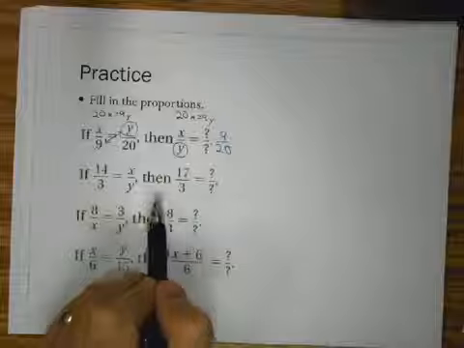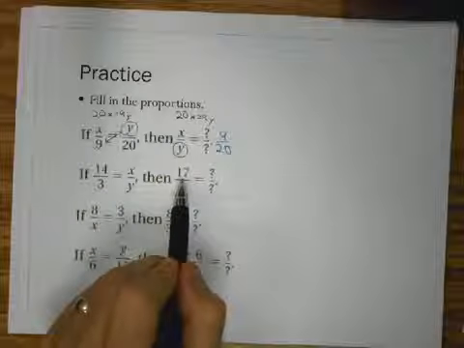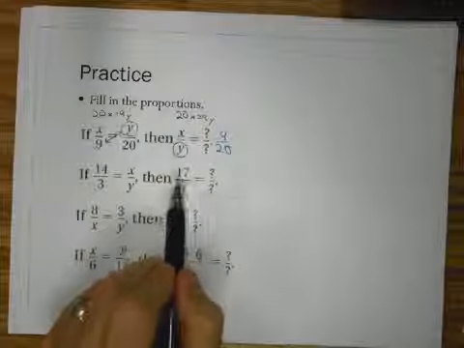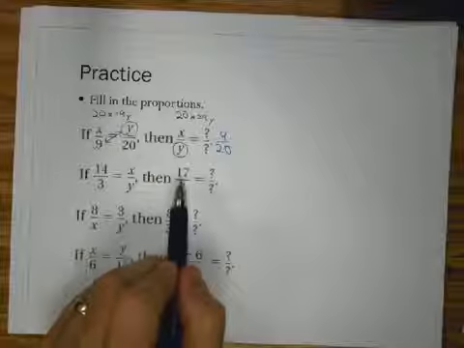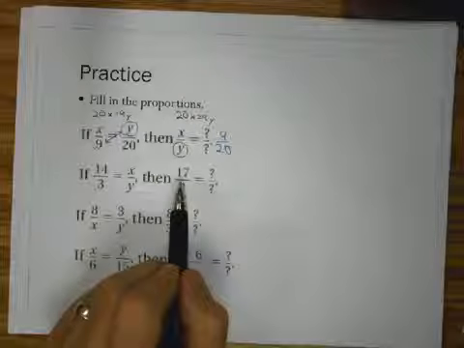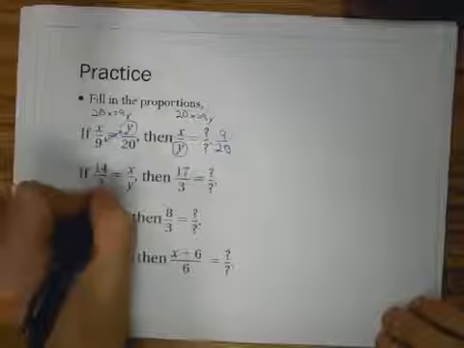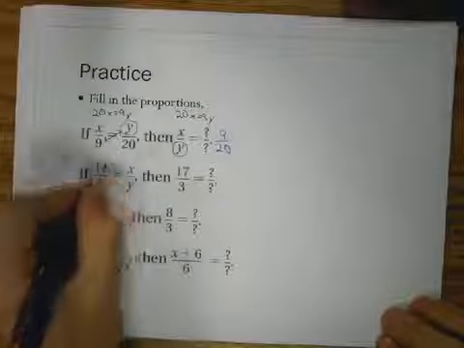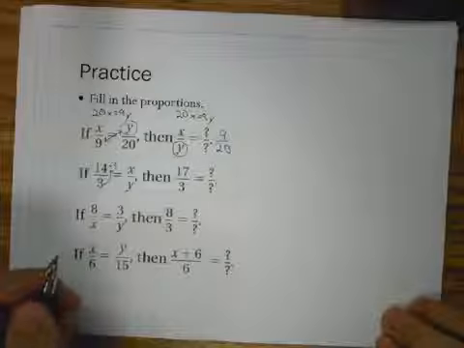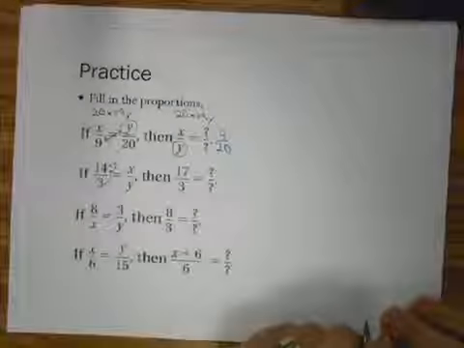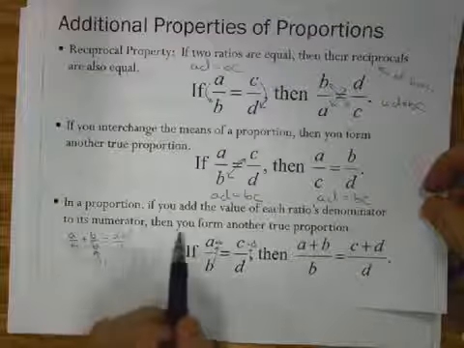Next one. 14 over 3 equals x over y. Then 17 over 3 equals what? Okay, well I have the 3's. Those are the same. This isn't an x or a y. This is kind of new. But if we think for a second, where would we get 17? We're not going to introduce something new, but if I took that 3 and added it to 14, I'd get 17.